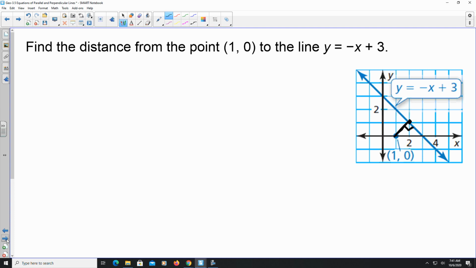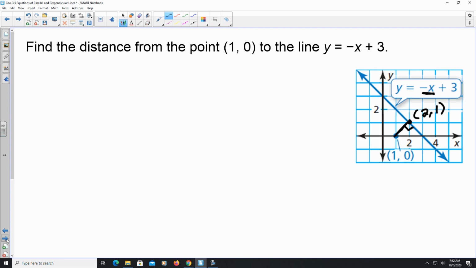So essentially we're trying to find the distance from 1 comma 0 to 2 comma 1. Since my slope is up 1, right 1, that's a slope of 1, which is the opposite reciprocal of negative 1 in this case.